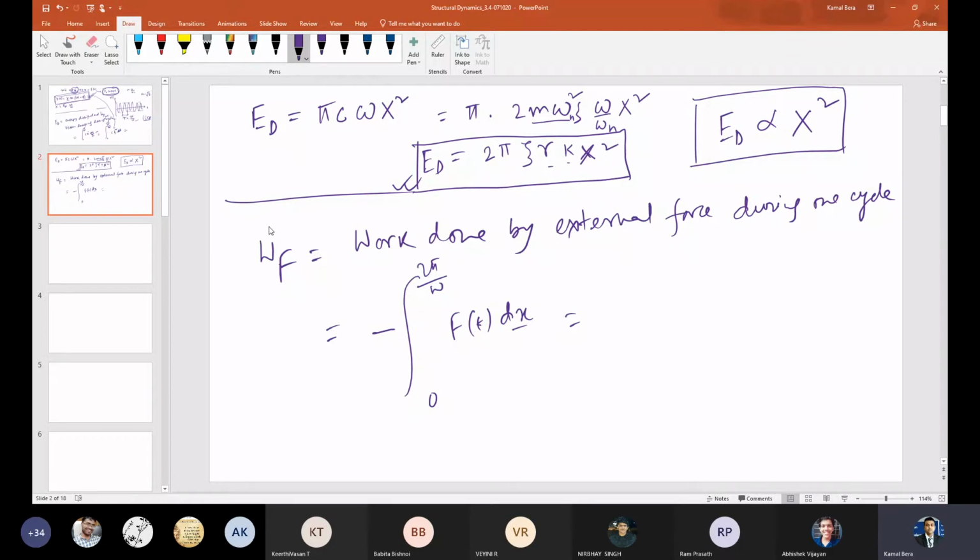Then I can write minus integral from 0 to 2 pi by omega, F of t is F naught cosine omega t, times dx by dt, that is x dot, dt. Now substitute x here, perform the integration and tell me what the expression is. Understood? X equals capital X cosine omega t minus phi, right?